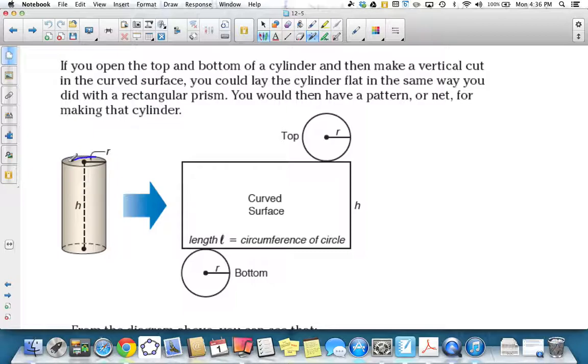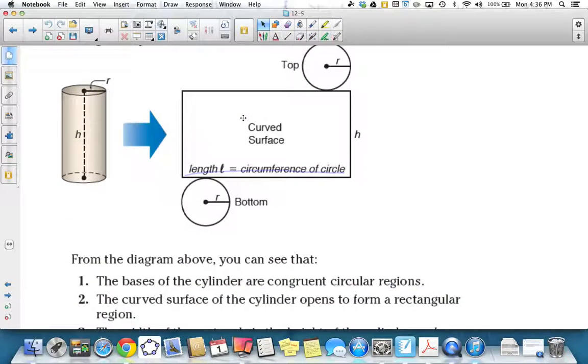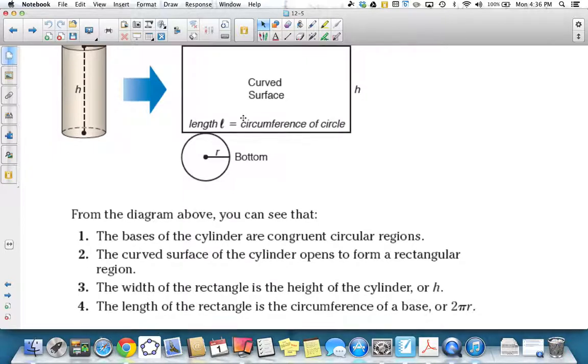The circumference will now be equal to the length of my rectangle, and we know for a fact that the circumference formula is 2 pi r.